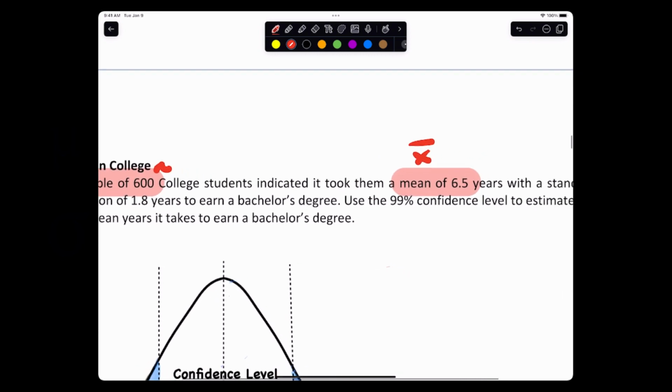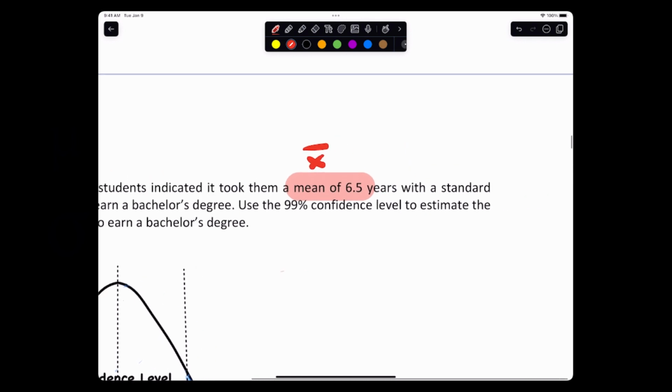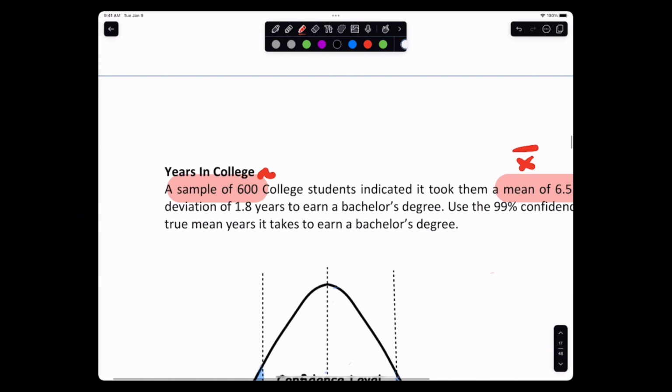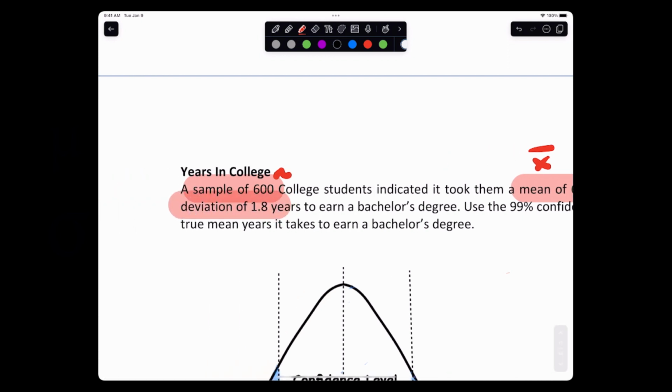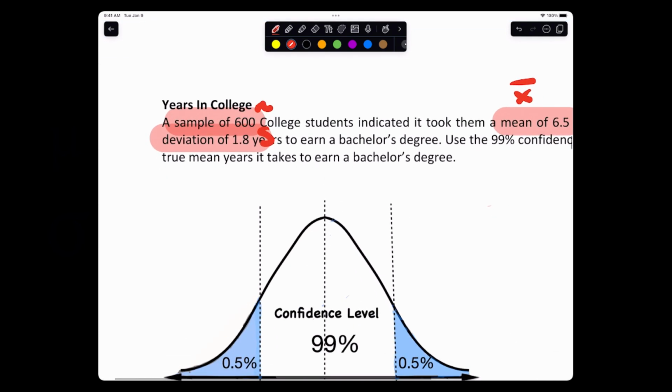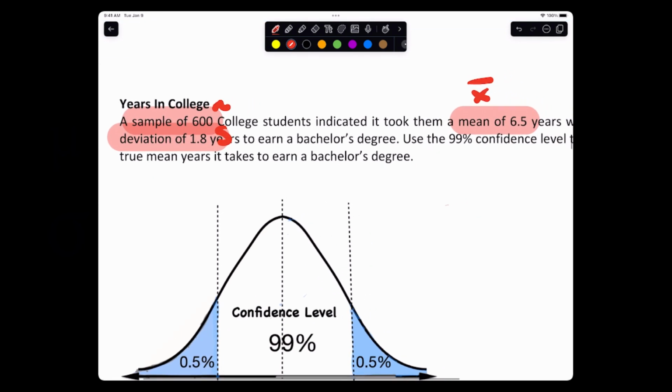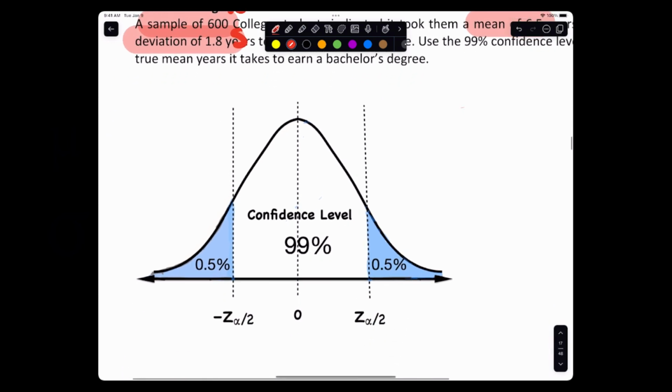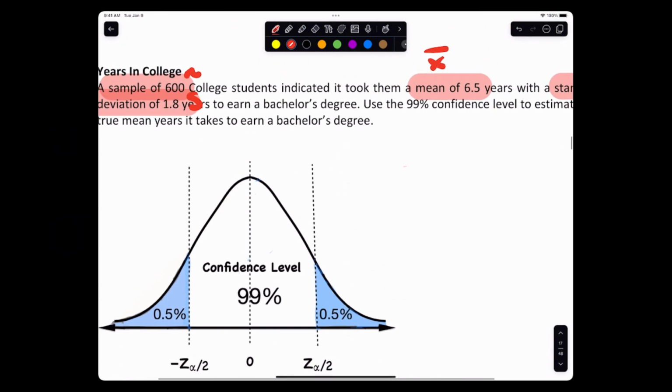Easy peasy. We're just reading. And then you have a standard deviation of 1.8 years. And what is that? S. So I just want to stop right there and remind you guys that the sample information, and I write that stuff down.